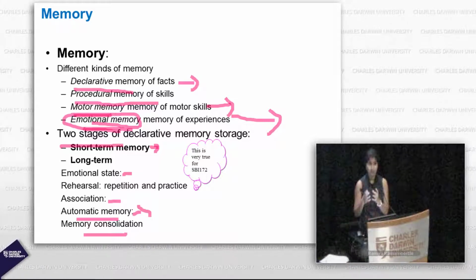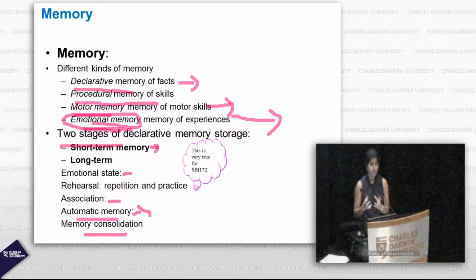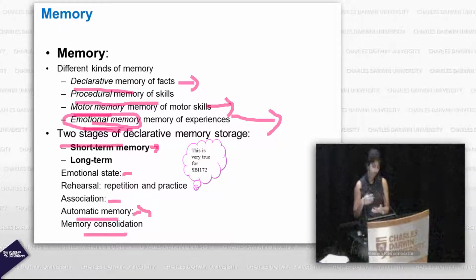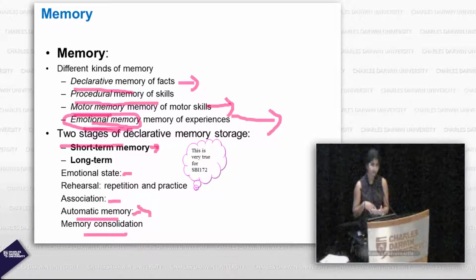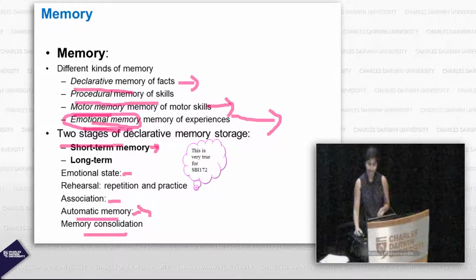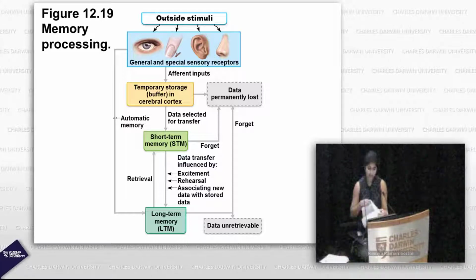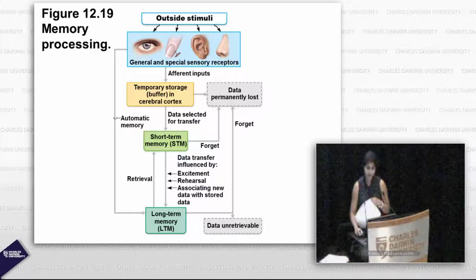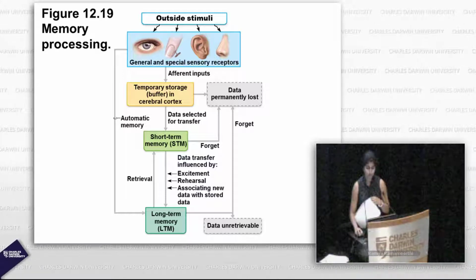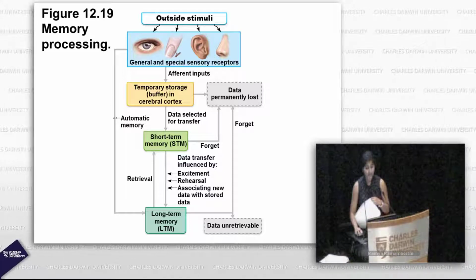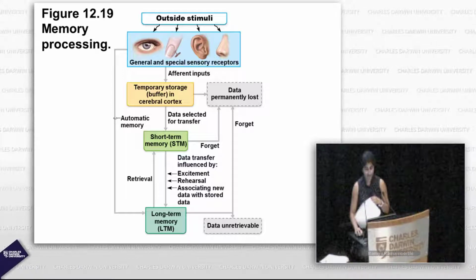If that is not done and you keep on adding information, it is going to be lost. These are the other important factors. So here you can see temporary storage of information, which then moves into short-term memory, and with all these factors we have discussed, it can then move into long-term memory.